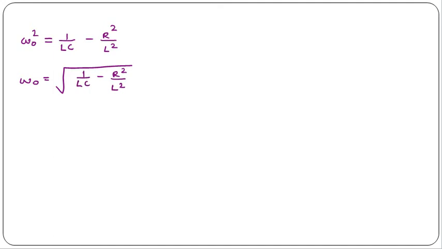If we take 1 by root LC common, then we get square root of 1 minus R square, and from here we have taken L common, so we are left with L, and in the numerator we will get C. If we simplify, we get this formula: 1 by root LC into square root of 1 minus R square C by L. So this is in radian per second.